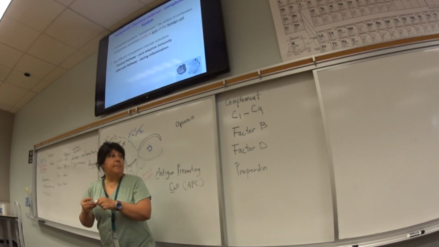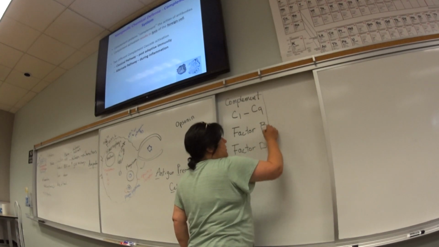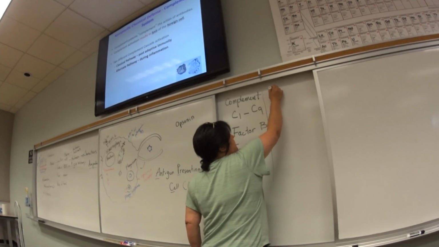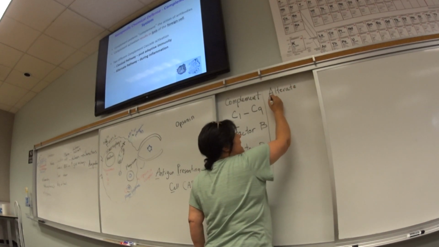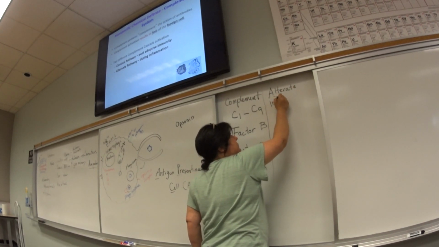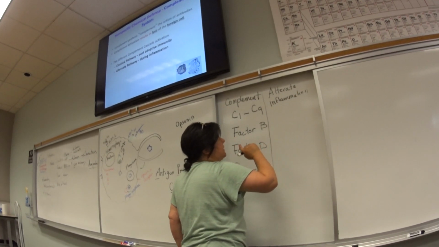In the alternate pathway, which we're going to look at first, this happens during inflammation. It is with the help of inflammation that this is going to get triggered.